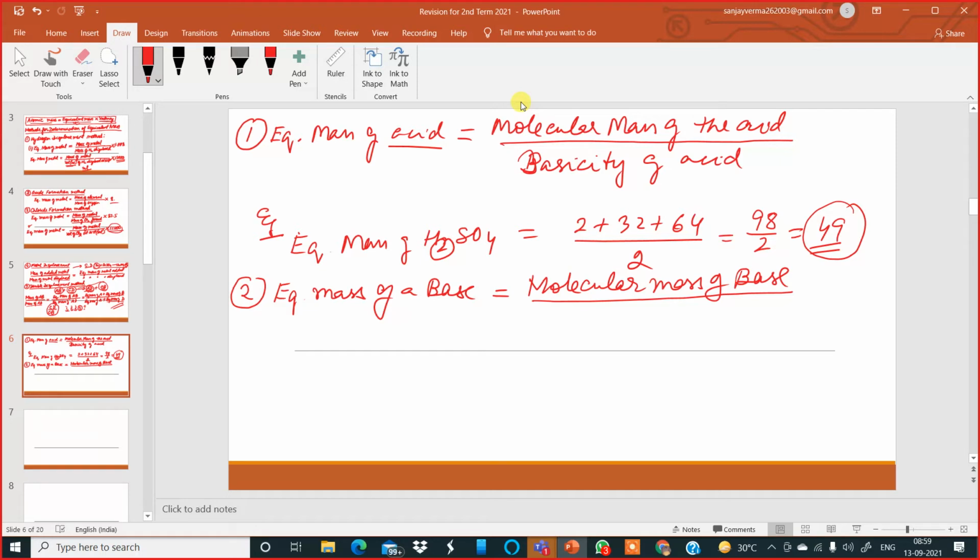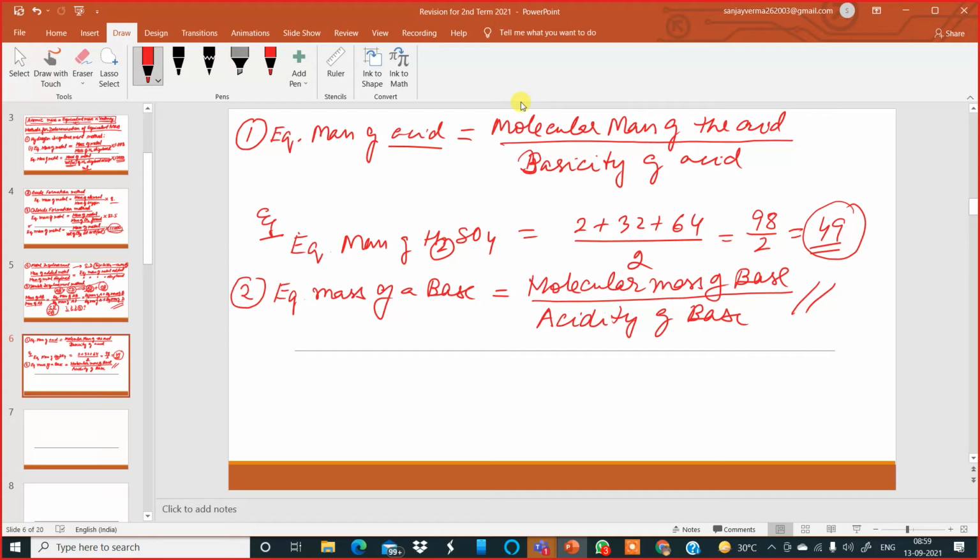For a base, we determine its strength by a term which is called acidity. So this is the formula to get the equivalent mass of a base.